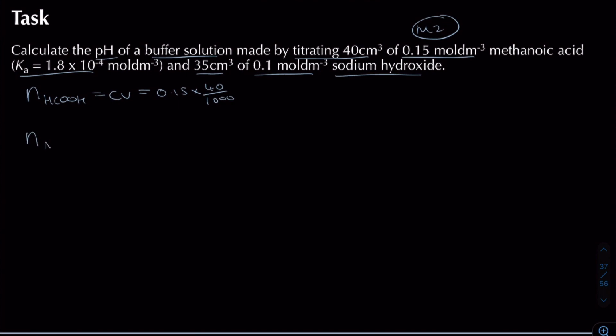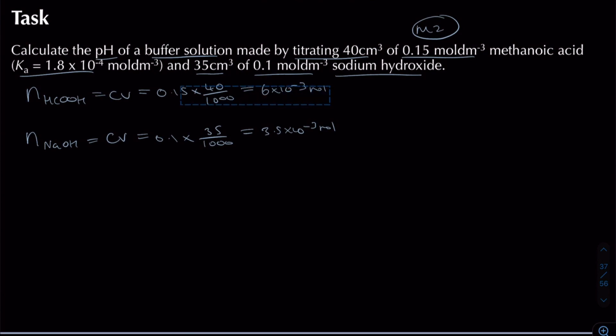So the number of moles of sodium hydroxide is equal to concentration times volume, which is 0.1 times 35 over 1,000. I put both of these values into my calculator, and I end up with 6 times 10 to the power of minus 3 moles for my acid, and 3.5 times 10 to the power of minus 3 moles for my base as well.